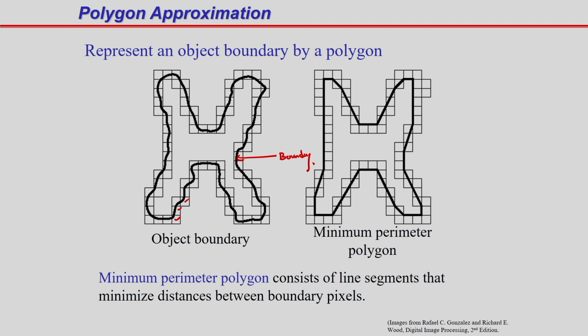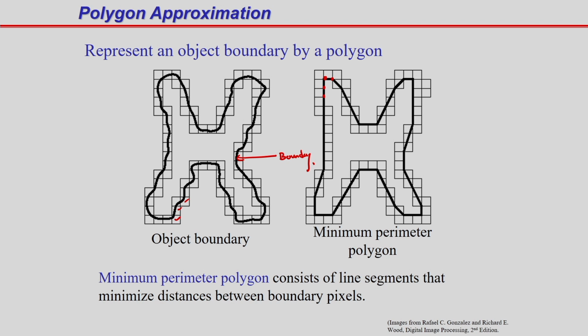So how to represent the boundary by polygon? The minimum perimeter polygon consists of the line segments that minimize the distance between the boundary pixels. So in this case, you can see that the boundary is represented by the polygon. Corresponding to this, you see the boundary points I am representing.